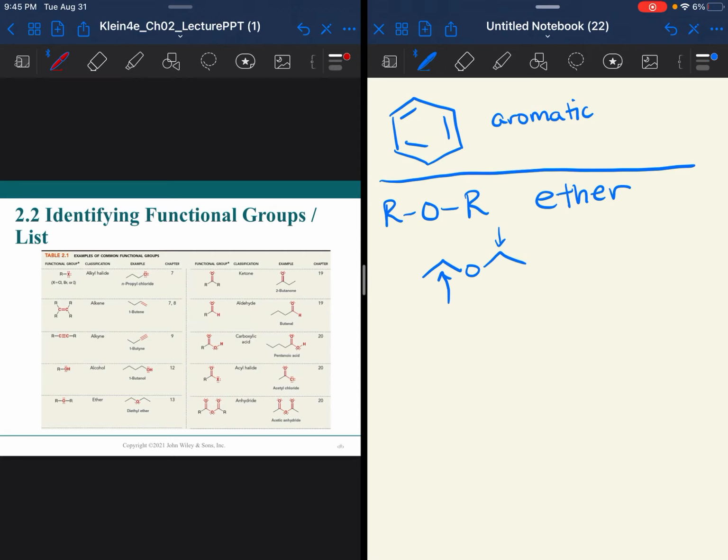Now, there can be double bonds in different groups further away, but that carbon right next to the oxygen has got to be pretty basic, pretty simple. I've got to stop saying basic because we are going to talk all about acids and bases in the next chapter. Now, thinking about functional groups within functional groups, I want to talk a little bit about the C double bond O.